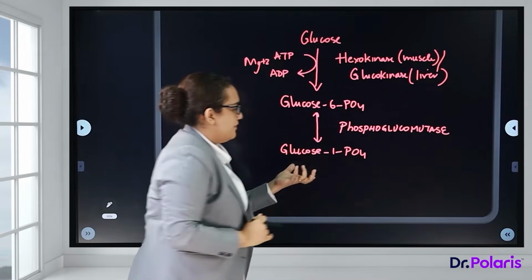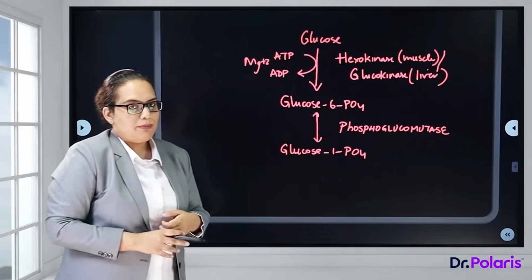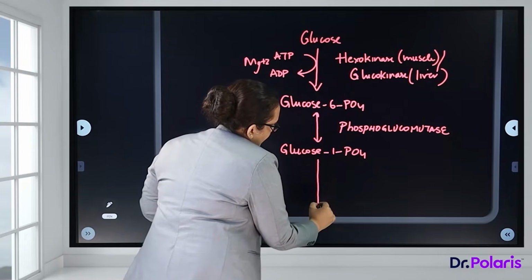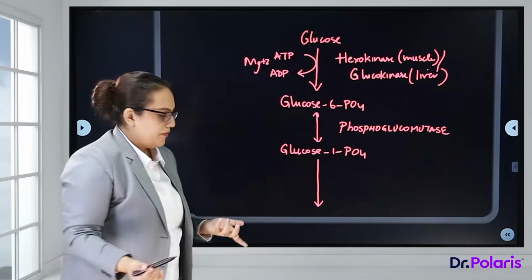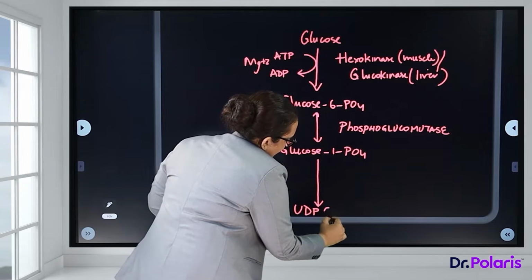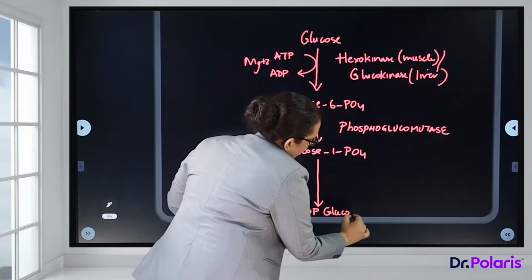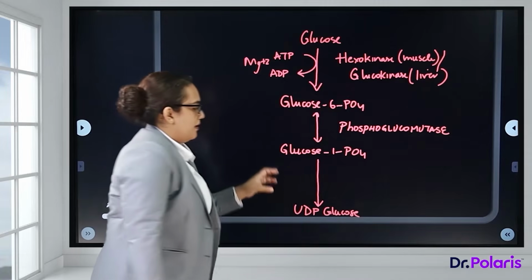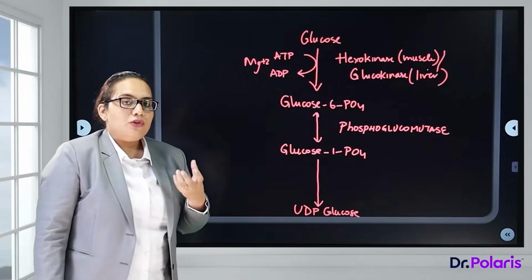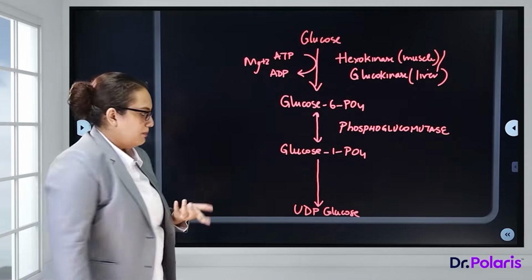Now it becomes very easy from this step for the formation of UDP glucose. Now in the next step, which involves the formation of UDP glucose, I'll just write it down here. This is the last substance formed in this step. So in order to form UDP glucose, we need a molecule of uridyl triphosphate, also known as UTP.